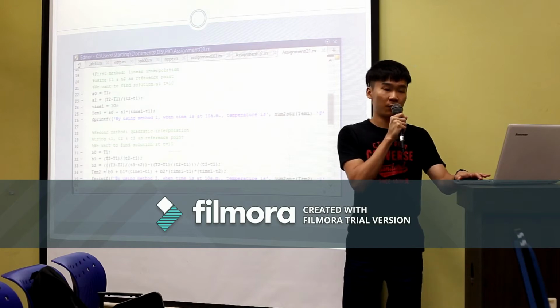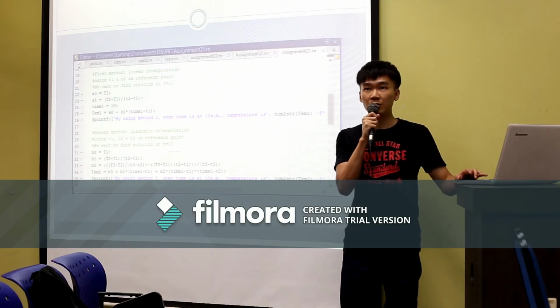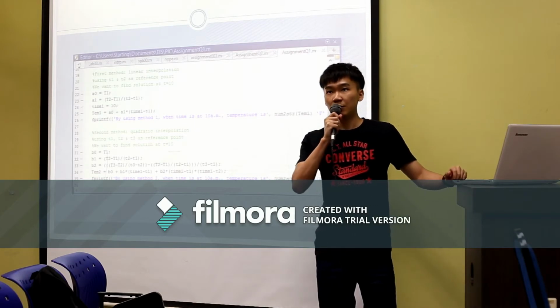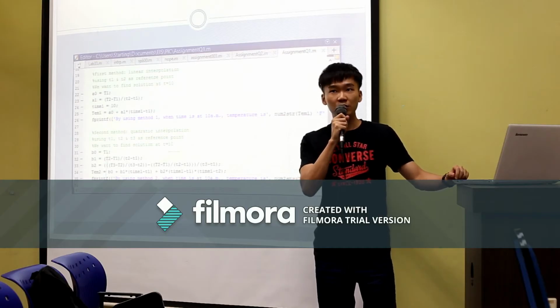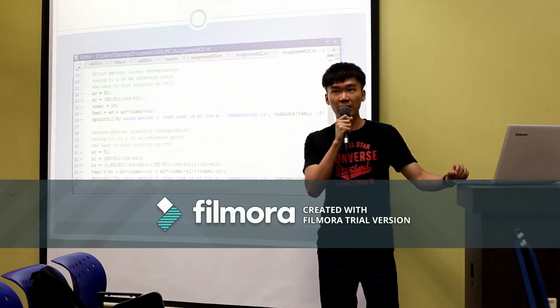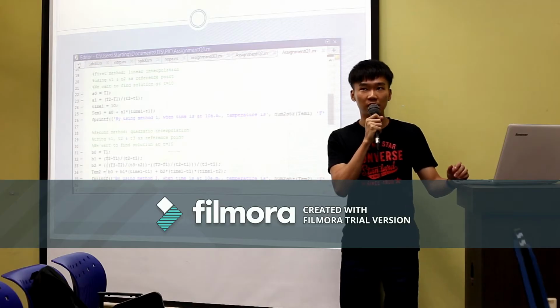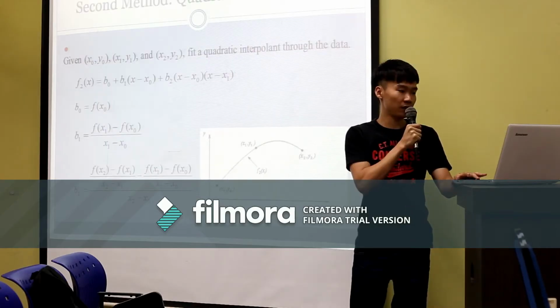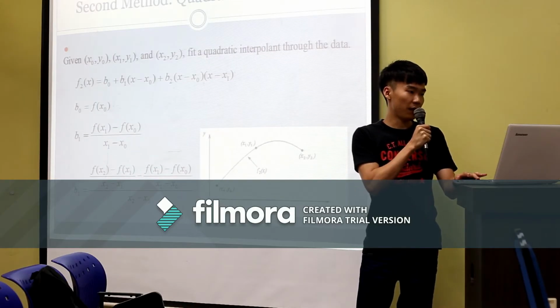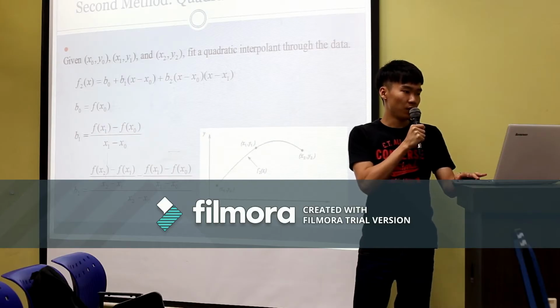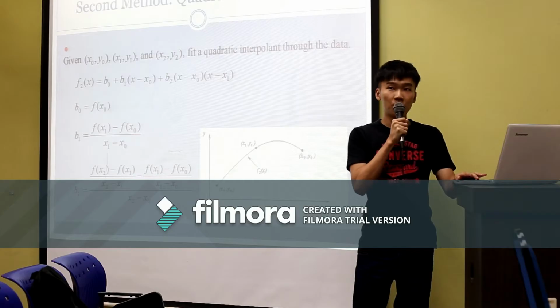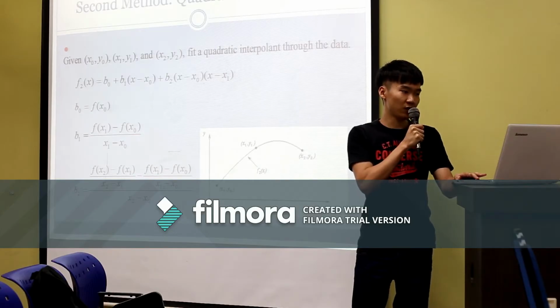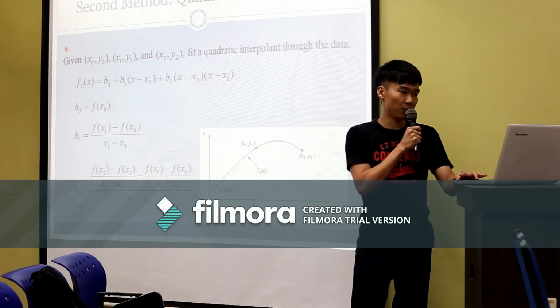So now I will talk about the linear interpolation, which is using T1 and T2 as reference points, and we want to find the solution at small t equal to 10. For quadratic interpolation, the formula multiplies (x minus x0) by (x minus x1). b0 is equal to function of x0, and b1 is equal to function of x1 minus function of x0 divided by x1 minus x0.